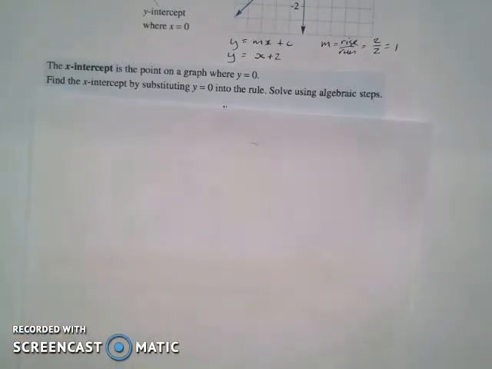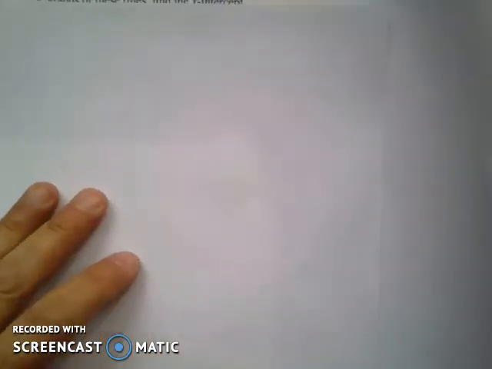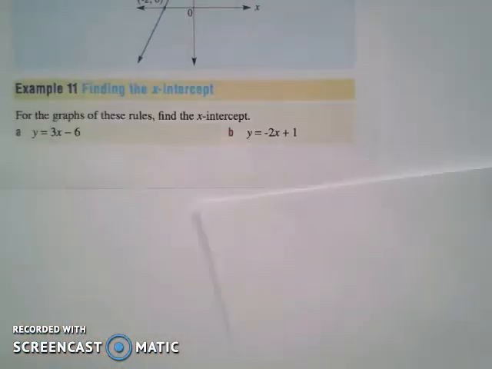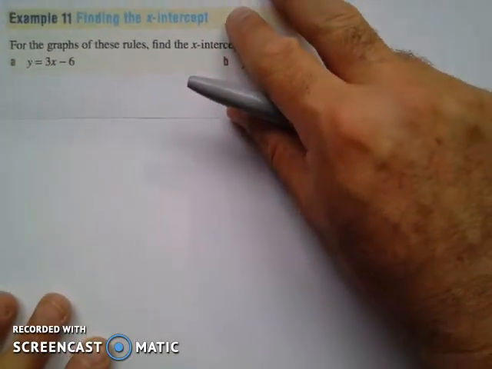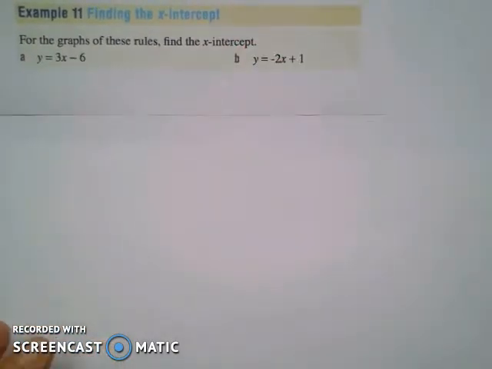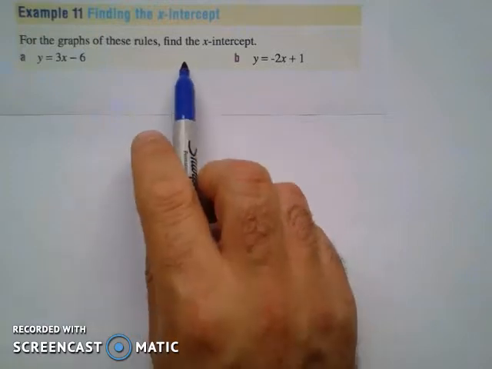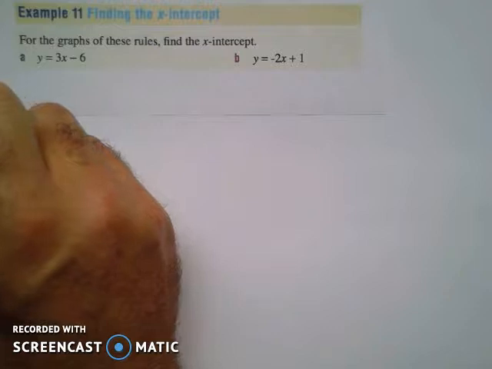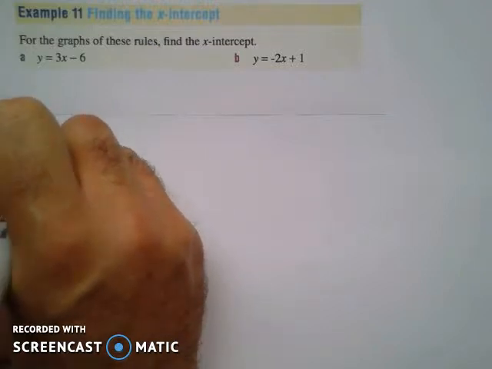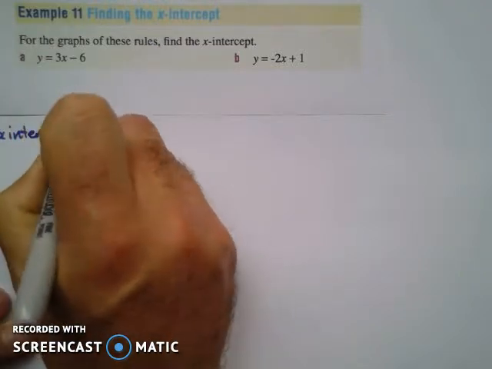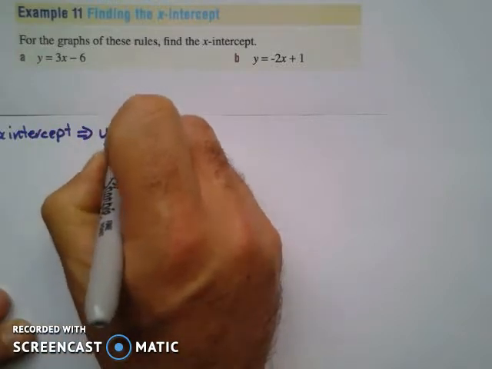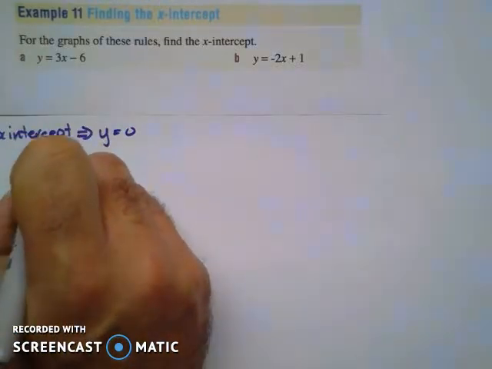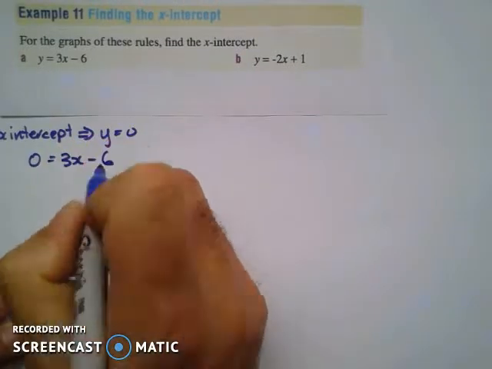Let's have a look at how we will do this from the start. I'm actually going to do the question and then draw its graph to show you how easy this can be. For this graph of this rule, find the x-intercept. The x-intercept is where y equals 0, which means 0 equals 3x minus 6.